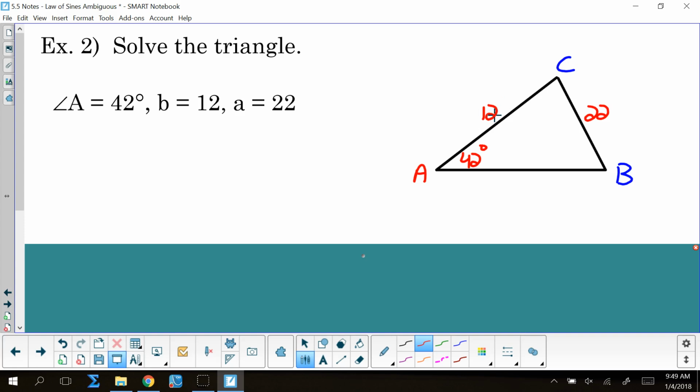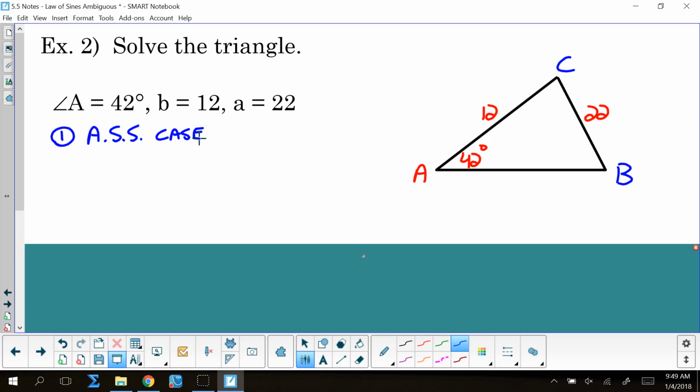Okay? So, first check is, is this an angle side case? Yes, it's an angle side case. That means the ambiguous case is still in play. I could have 0, 1, or 2 triangles.